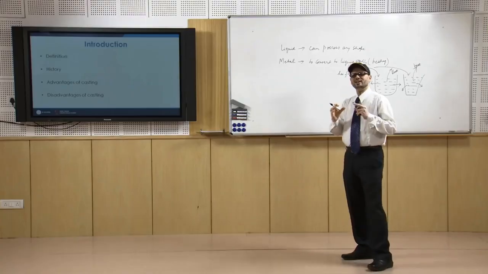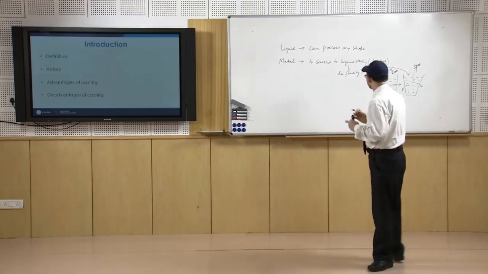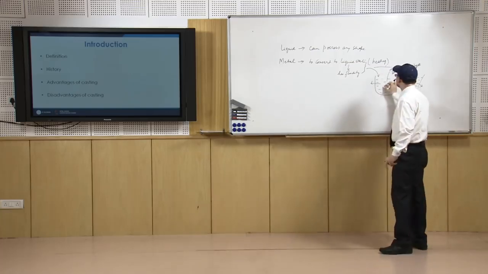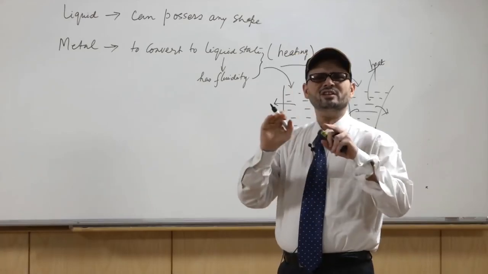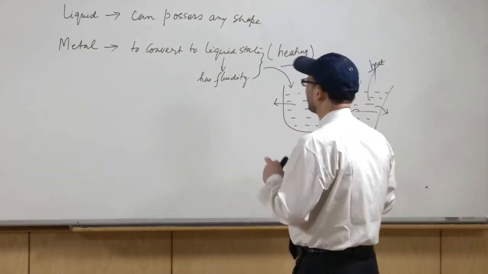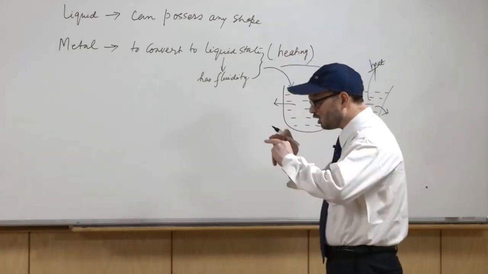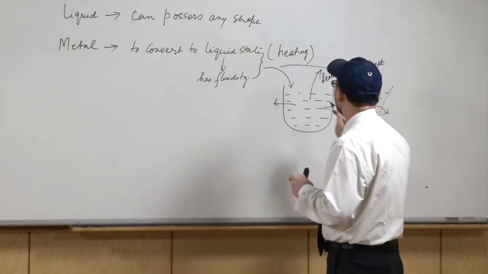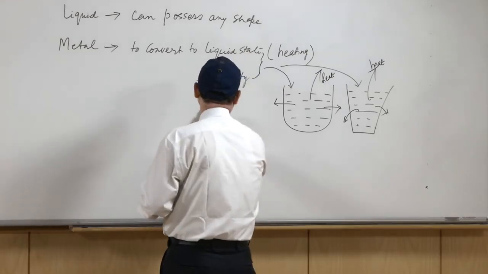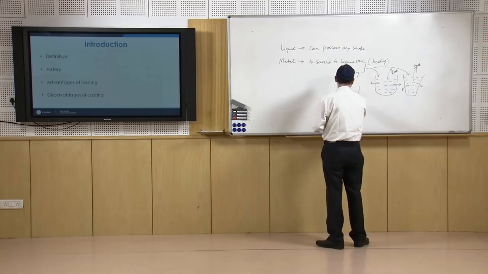After losing the heat to the surroundings, a state comes when it is at its melting temperature. That is known as the equilibrium temperature, below which the metal will solidify and come to a solid state. So, it will be a solidified structure.